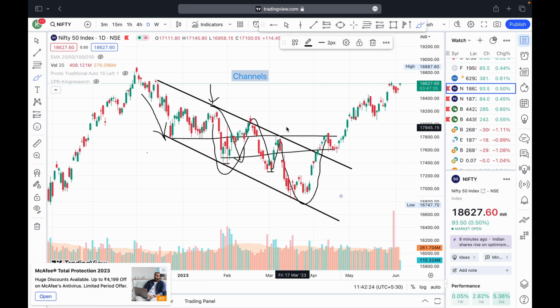This is the channel. But the one thing that you need to understand when you are comparing it with the directional move and range: in a directional move, the SNRs are actually being respected, uptrend or downtrend. And when you're comparing it with the sideways market, the higher highs are almost at the same levels and lower lows are also at the same levels.